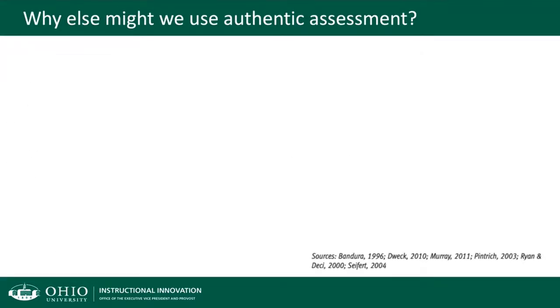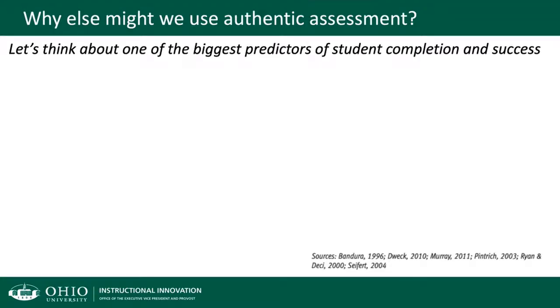So why else might we consider using authentic assessment? Well, one of the biggest predictors of student completion and success is intrinsic motivation. And a number of factors that actually are promoted when we use authentic assessment can really help promote this sense of motivation.